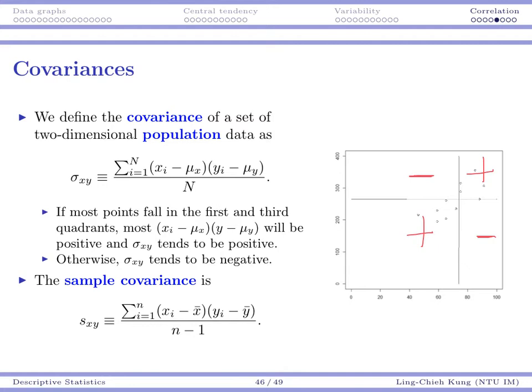If we have sample data, then I still do the same thing, but for the denominator I divide by n minus 1. This is very similar to the definition of variance and standard deviation, right? Again, I cannot tell you the reason at this moment, but we will talk about it later in this semester.